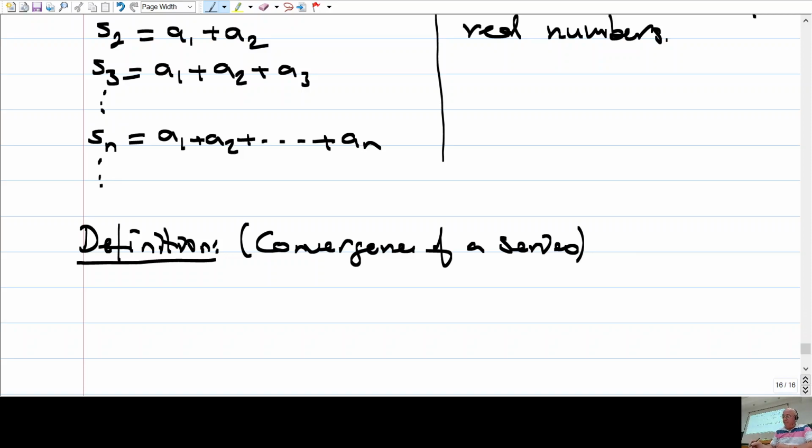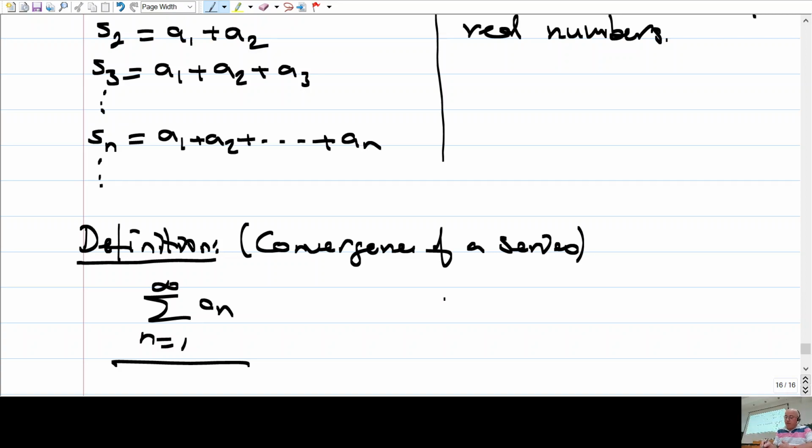Well, a series right now doesn't have any meaning. It is an object like this. A series is like this. The a_n are some numbers, a_n is a sequence, and I just add the terms of this. But this thing by itself so far has no meaning. It's a formal object, okay?